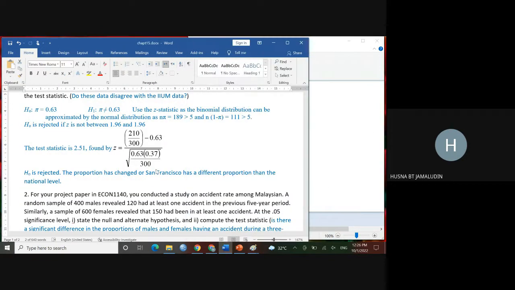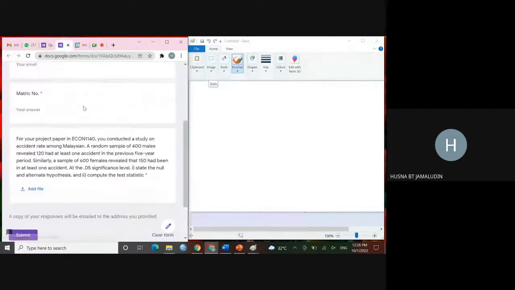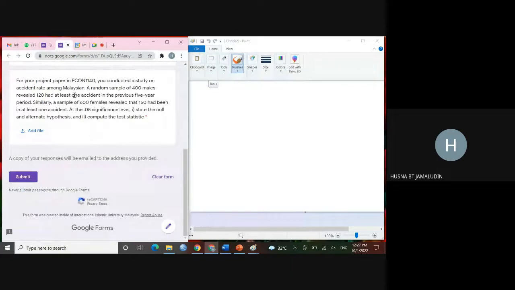Okay, second question is this. For your project paper in ECON1140, I hope that you know what this is. You conducted a study on accident rate among Malaysians. Random samples of 400. So what is this 400?